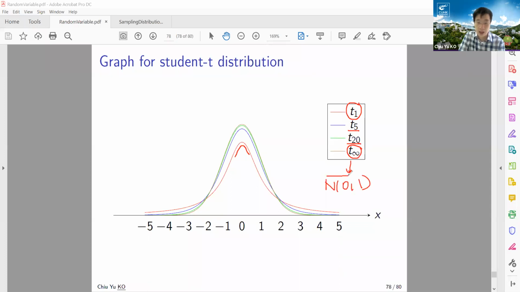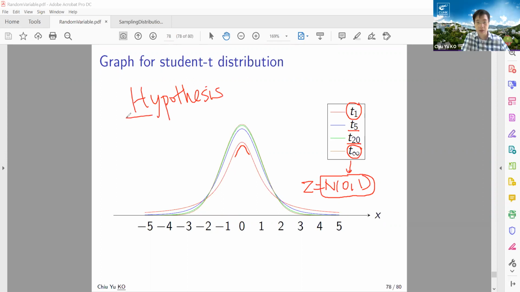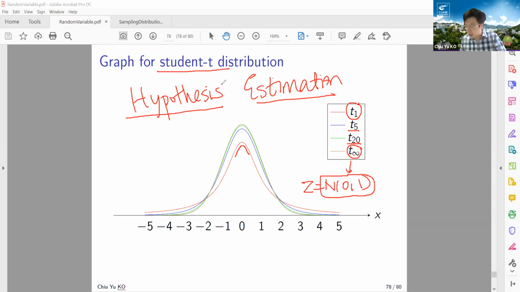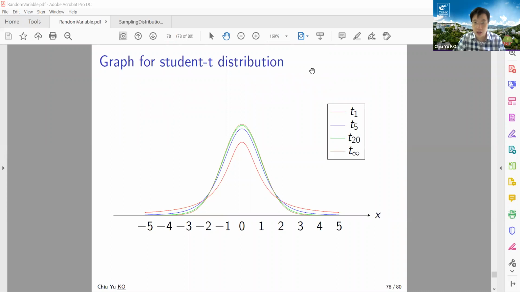Why this is true, we don't explain now, but later you will see. This is very useful when we talk about hypothesis testing and estimation. We'll be using this t all the time, so don't worry if you don't understand yet. This is a general preview of what we are using.